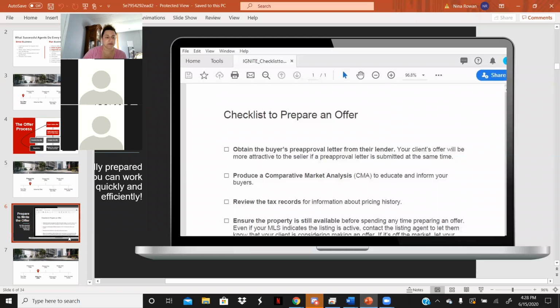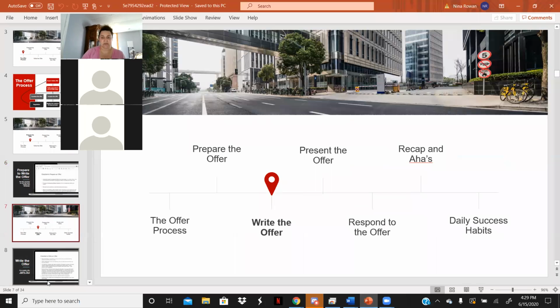All right. So next, writing the offer. This is always fun. Throughout this process, showing homes to your buyers, hopefully you're continuing to have that conversation that you're looking within their price range, you're not going way over.